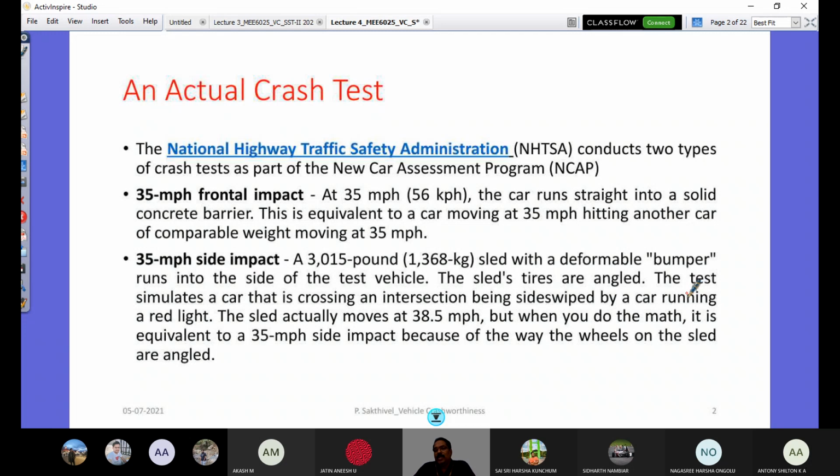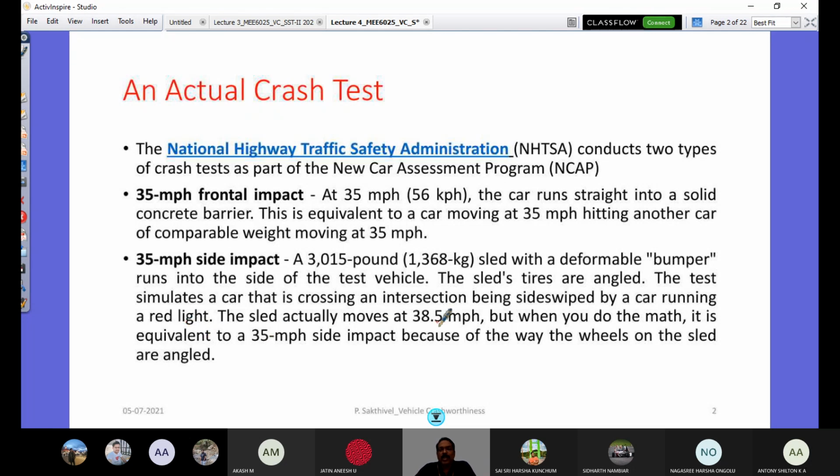Though the vehicle appears to be at a right angle to the test vehicle, it is angled. The test simulates a car crossing an intersection being side swept by a car running a red light. So the barrier vehicle with the deformable bumper is sent with angled tires so that it will sweep the side of the test vehicle and crush it during the side impact crash.